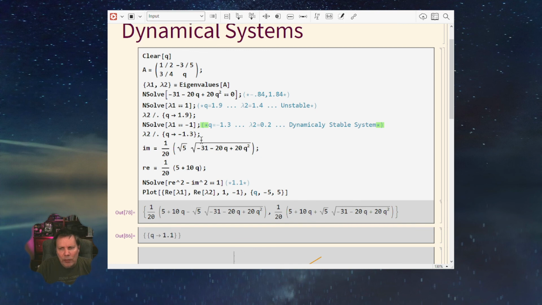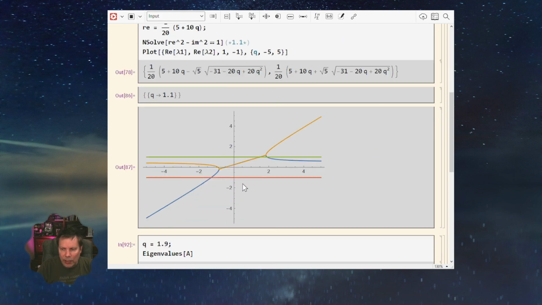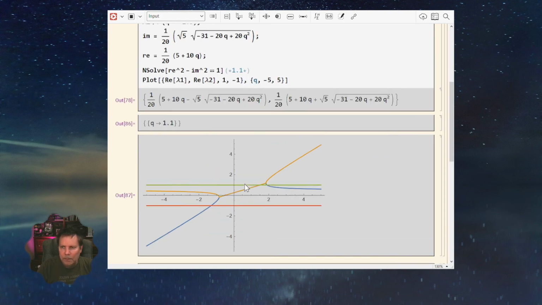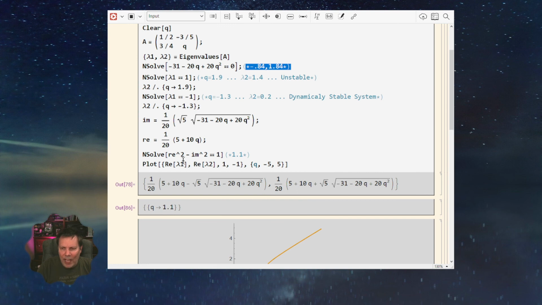Now I have some more investigation to do. When I look at my values of Q between these, you'll notice that I didn't get anything between, and I was looking at a picture the whole time to make sure that I'm doing this correctly. I was looking at this picture right here. This value that I got here, where Q is equal to 1.1, well, I looked at an imaginary part, and I had to remember it was really an i involved in there.